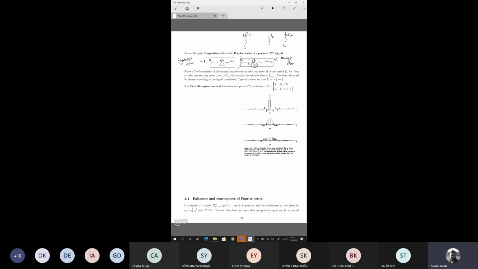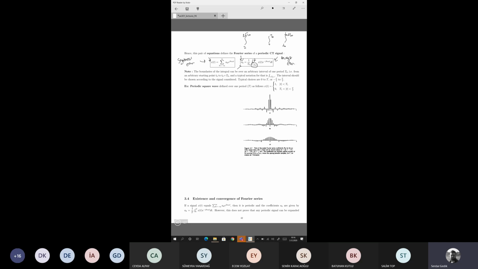Both are representing the same signal. So a k uniquely represents your signal x of t. If someone gives you a k, you can reconstruct the original signal x of t, or if you have x of t, you can find a k. Both representations are giving you the same signal. It's an alternative way to represent your x of t using a k's.